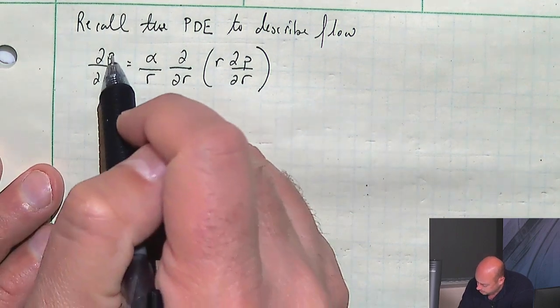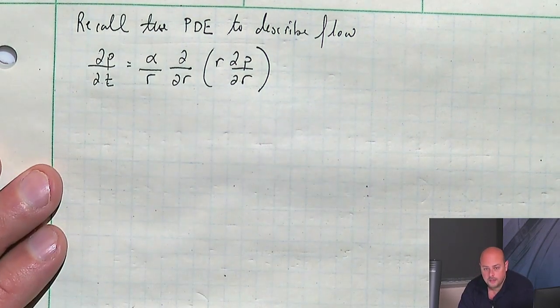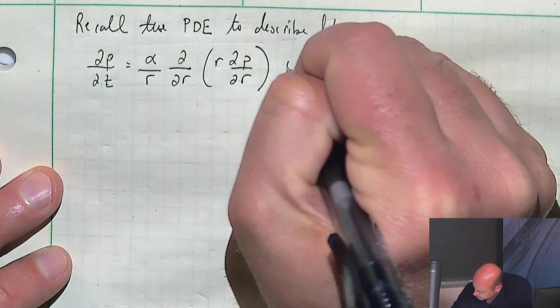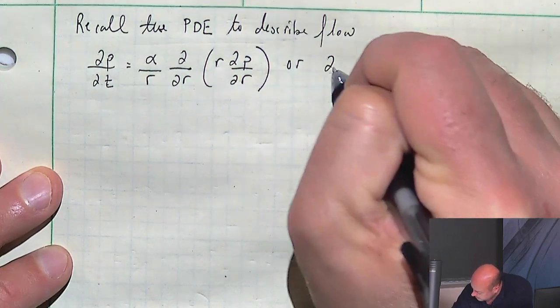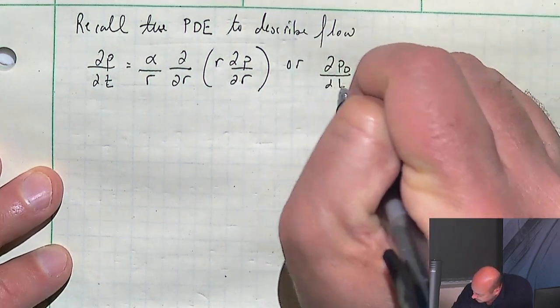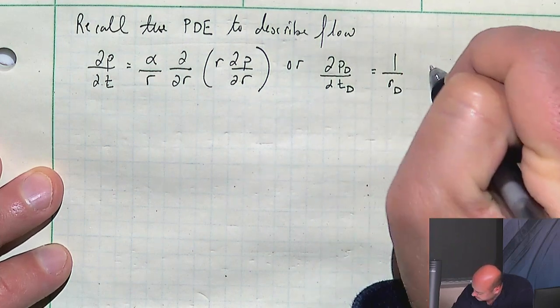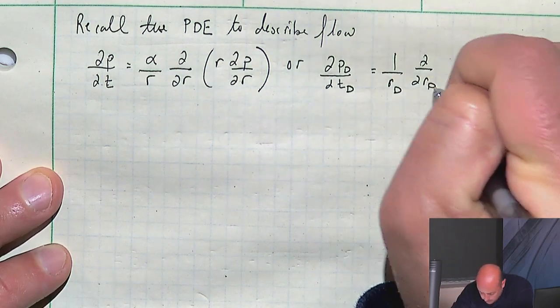So what this says is the pressure is a function of time and radius. You can derive that. We're not going to do it today. You can write this in dimensionless form. So the dimensionless pressure with respect to dimensionless time is equal to 1 over the dimensionless radius, RD.